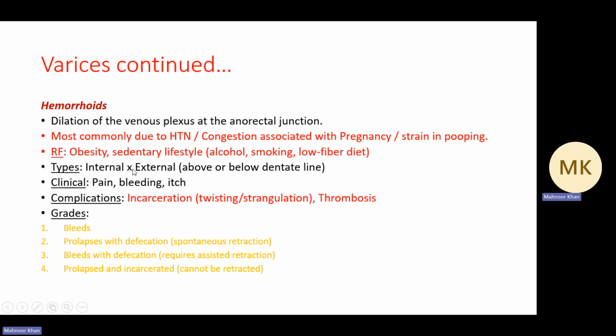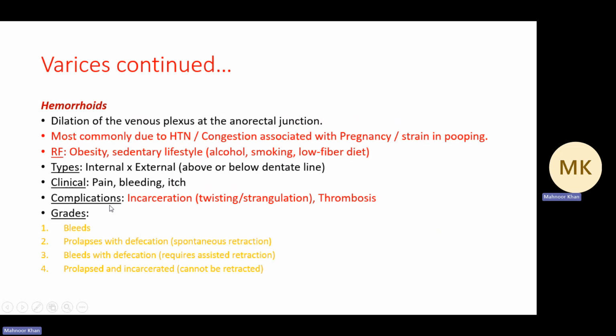There are two types of hemorrhoids, internal and external, based on the anatomical division, below and above the dentate line. And clinically, the patient will have symptoms like pain, bleeding, and itching.